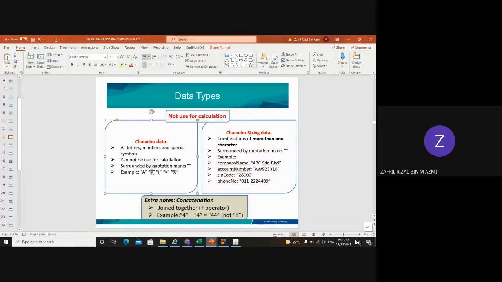What's the difference between 7 with a quote and 7 without a quote? This is quite confusing, but no, it's actually very easy.